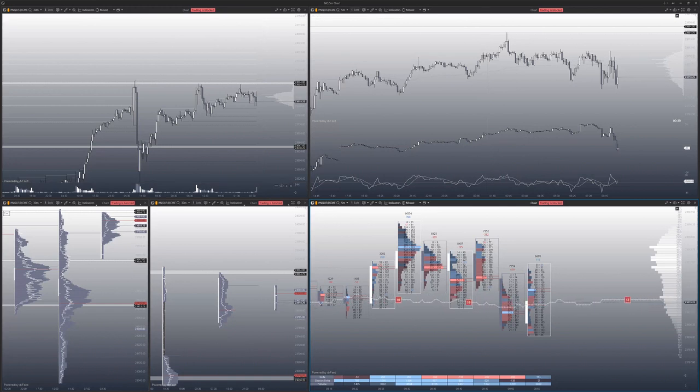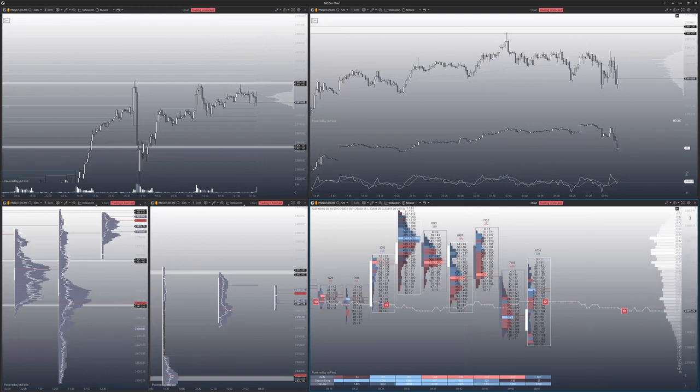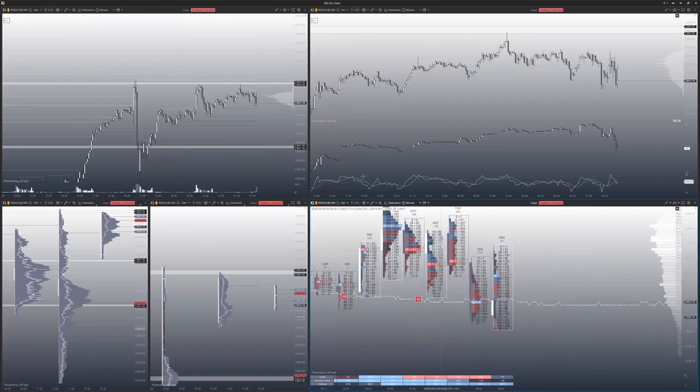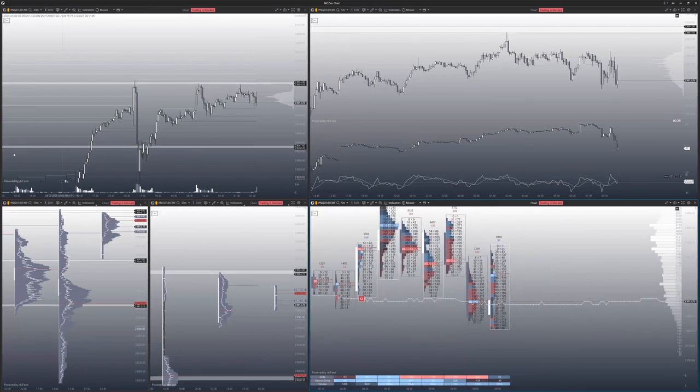How can we see absorptions easily? It's very, very simple to see absorptions. That's how I'm looking for it. If you look here, we have this low. You see here, this is the low.